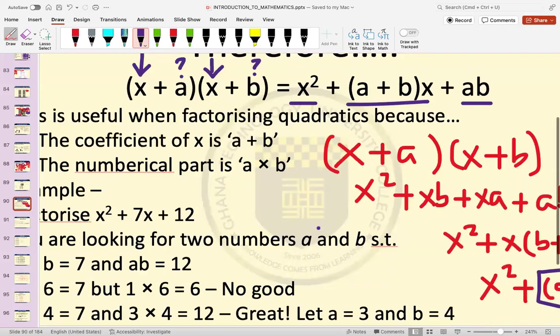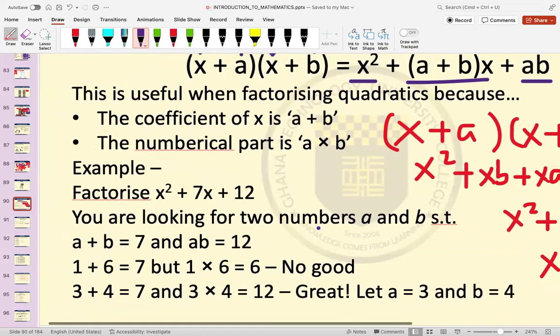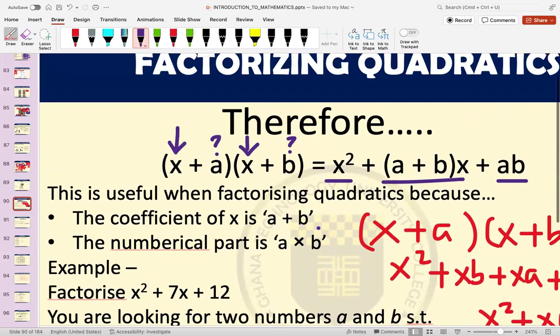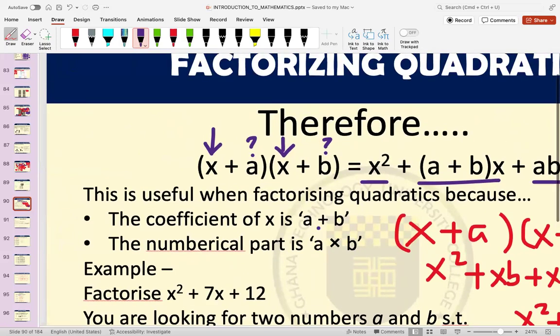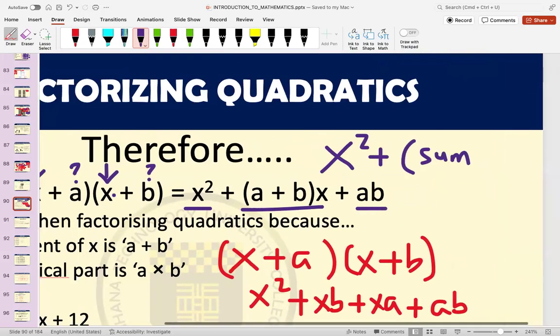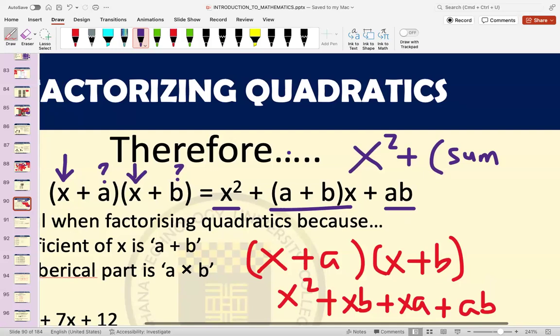Now we want to understand it further by working an example. And this is a quadratic equation, whereby in a quadratic equation, this is the format. You pick your x squared plus, then you write the sum. Now this A and B, they are called the roots of the equation.